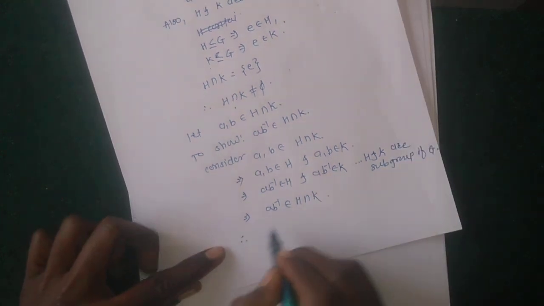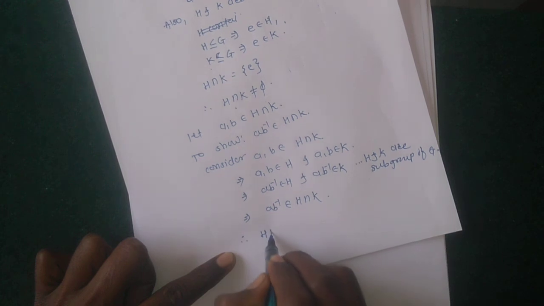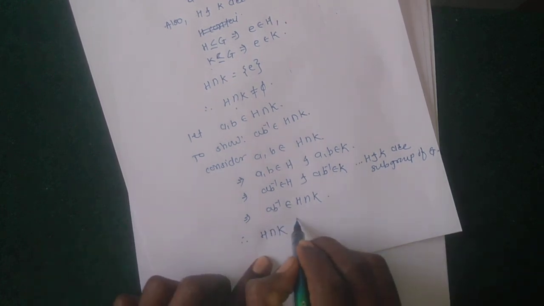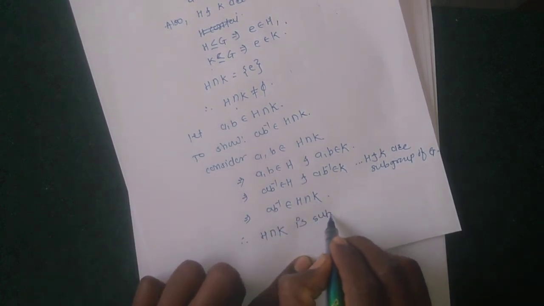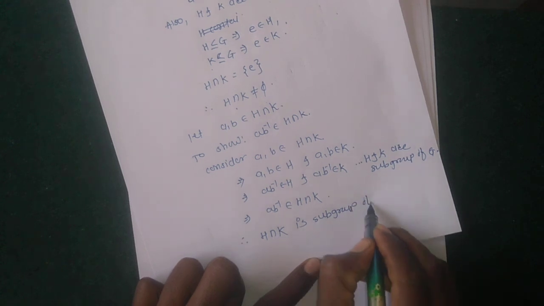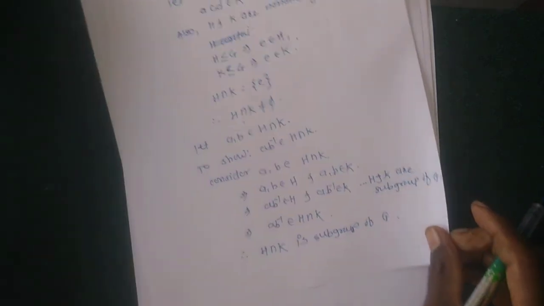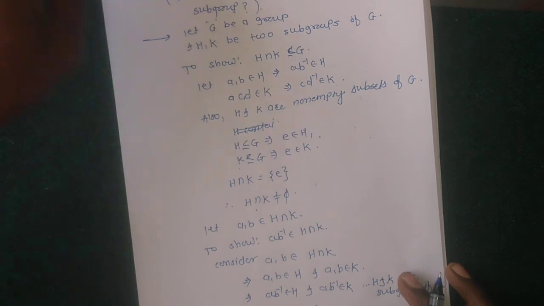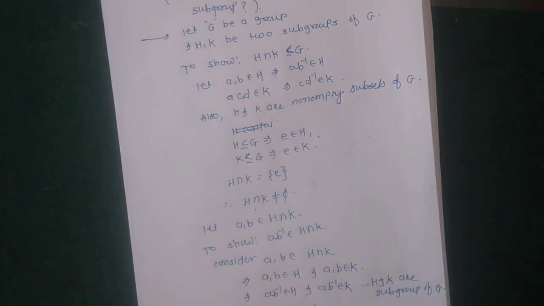Therefore a b inverse belongs to H intersection K, which implies that H intersection K is a subgroup of G. Okay, then in the next video we will show whether the union is a subgroup or not.